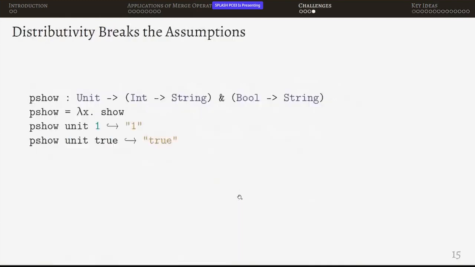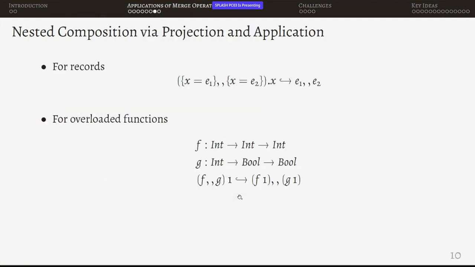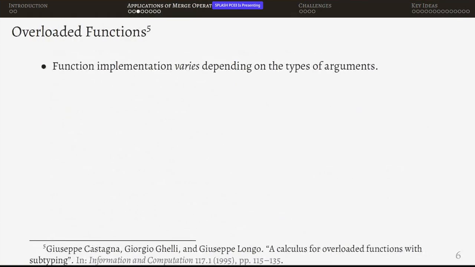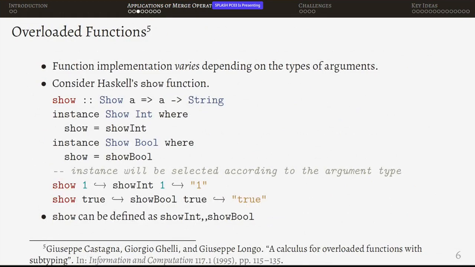Because in the original paper of Castagna, for the overloaded function, he also used the function to model the record. But here we have an explicit record type. And if we just model the records using functions, we kind of lose the type system of the record type, right?